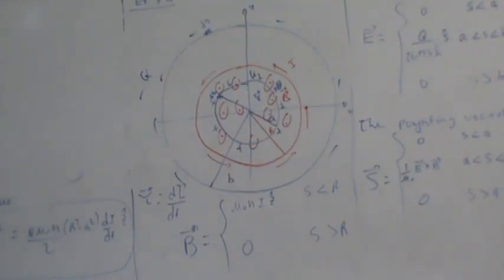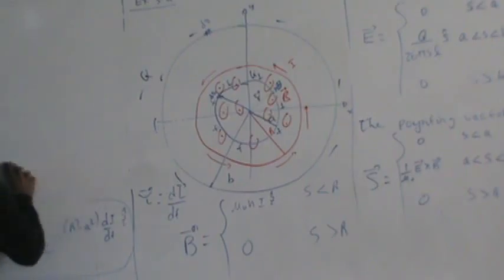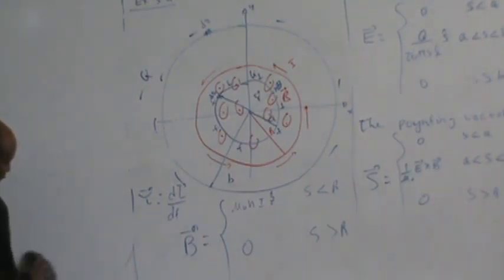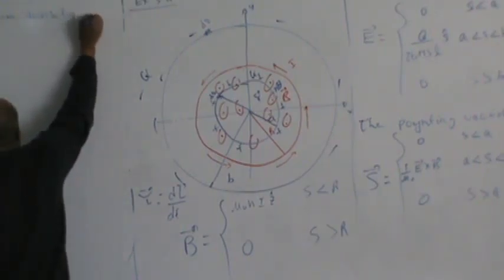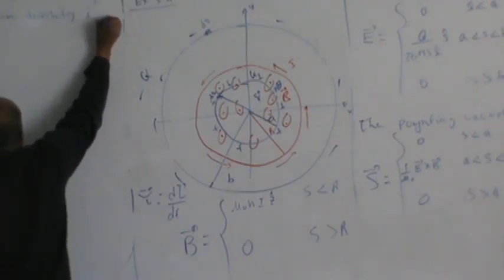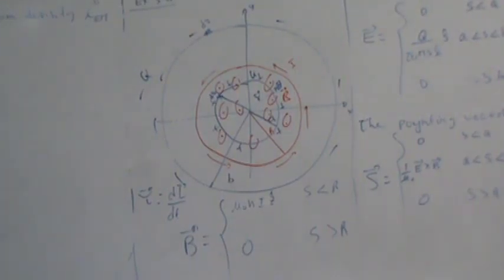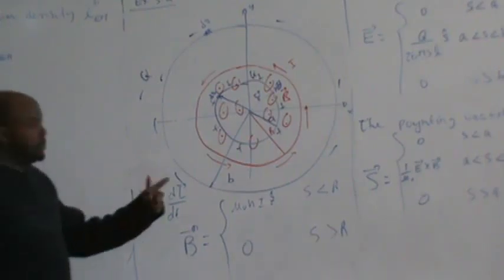to find that, first I need to express the angular momentum density. So the angular momentum density L_EM is going to be R crossed with rho_EM. So rho_EM is given by that.